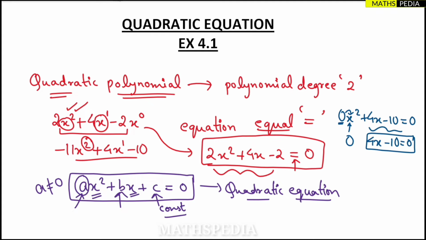Here you can observe that the highest power of the x variable is nothing but 1. Yes, it is 1. So this is not a quadratic equation. In a quadratic equation, the coefficient of x square should be 1 or any other number other than 0. Always remember, it should not be 0, because it will form a linear equation. This one will form a linear equation.